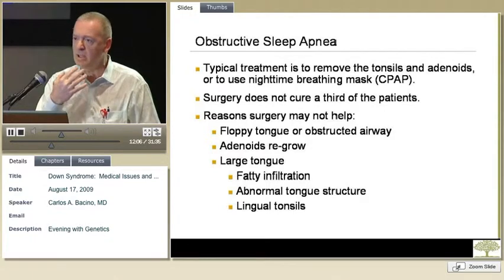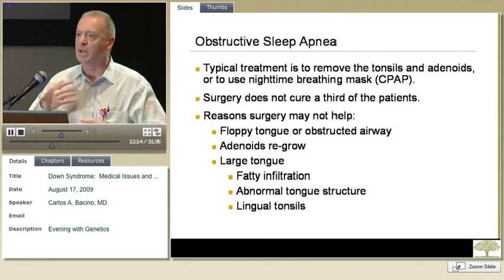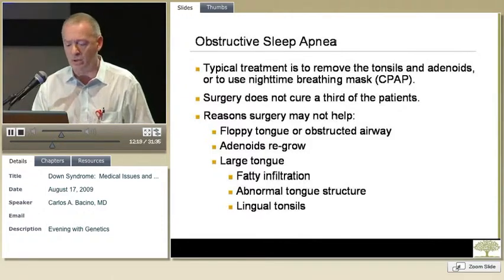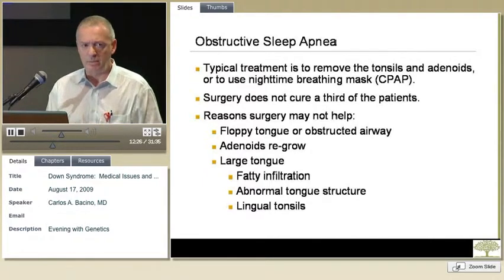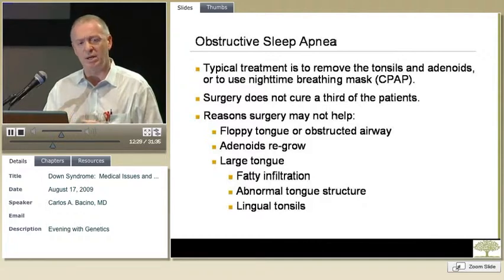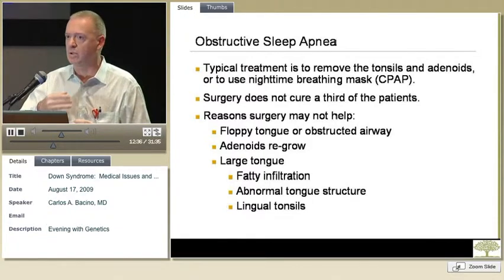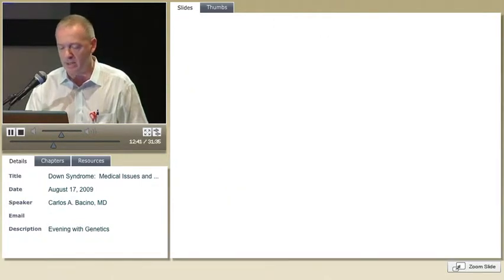This is a machine that is used at nighttime that gives positive pressure through the nose or the mouth, and that opens the airway and actually improves the passage of air and oxygen. So the surgery certainly can help. There may be reasons why sometimes the surgery can have problems, and that's why these machines, the CPAP or BiPAP, can help significantly with breathing.